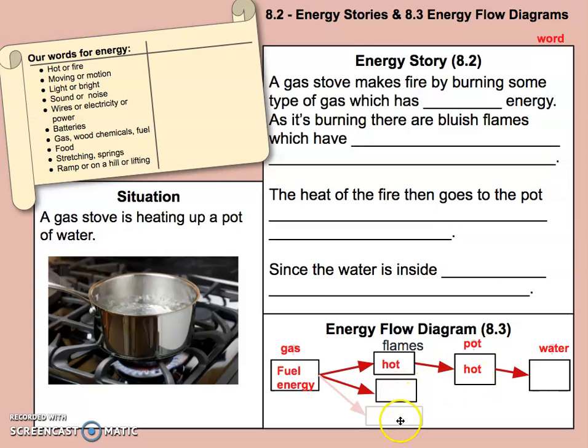They're just kind of like bonus types of energy that we would actually call wasted energy. They're not doing what we want the flames to do in the first place, but they're there. So I have boxes for them because they do happen when we have flames.